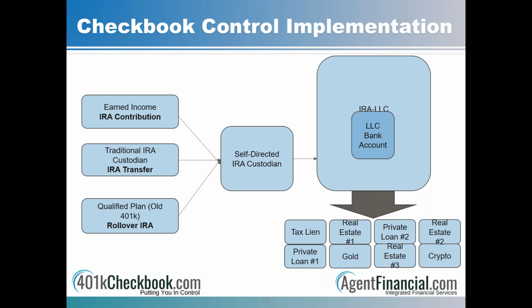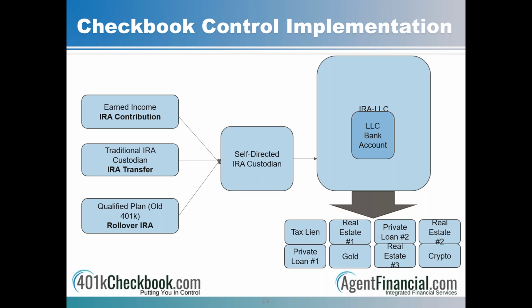So we'll have the LLC and the bank account, and then we'll have to fund this IRA and then the IRA LLC. You can see the funding for this can come from multiple sources. You can make annual contributions. You can roll over from your regular IRA, wherever that may be. Well, we call that actually an IRA transfer. Or you can roll over from a qualified plan.